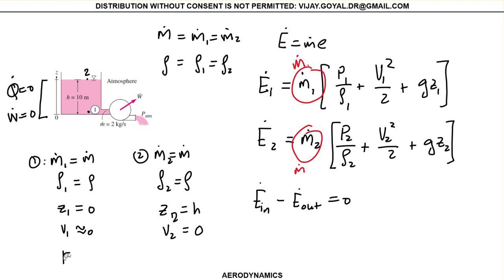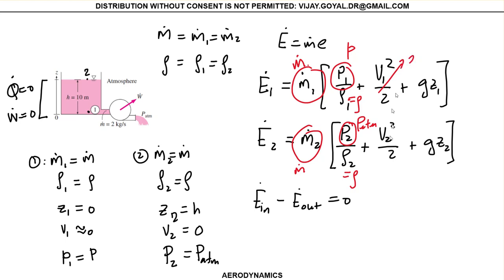So at location 1, my pressure will be, let's call it P. And my location here at 2, this is P atmosphere, because it's in the air, it's in the atmosphere. So at 1, this is P, this is rho, and at 2 this is P atmosphere. These are all 0, you can see it from here. And then z1 is 0, and z2 is h, so this is g times h.